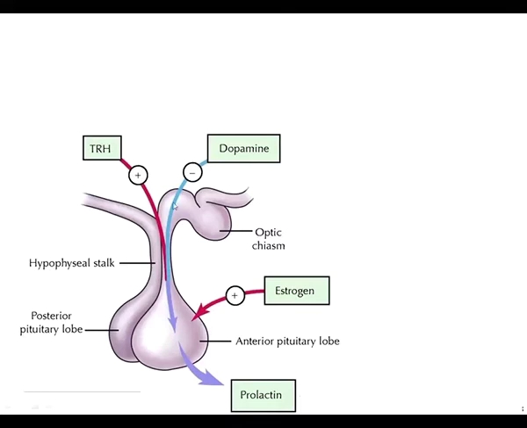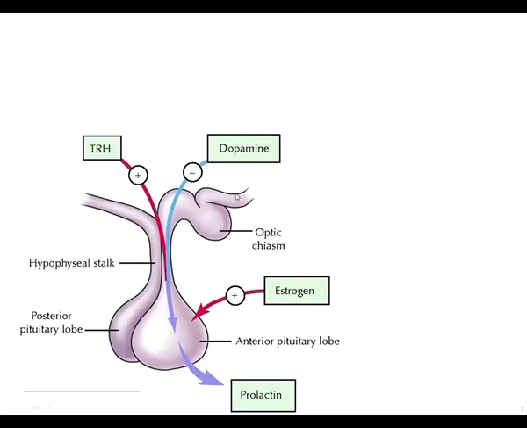As you can see from the figure, here is the pituitary gland, here is the anterior pituitary gland, here is the pituitary stalk that connects the pituitary gland to the brain. And you can see that majorly we are talking now about the regulation of secretion of prolactin from the anterior pituitary gland.